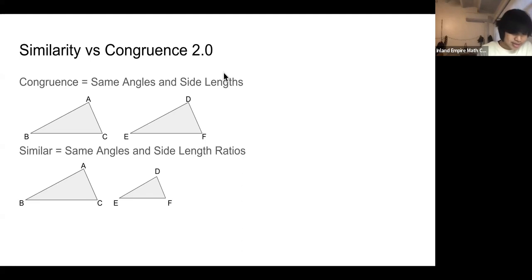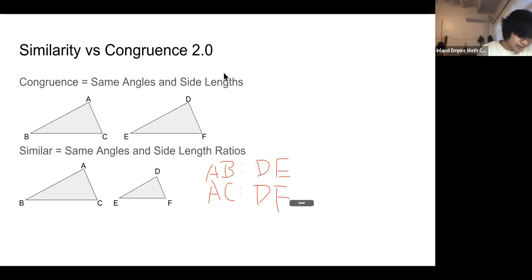But essentially what this means is that, for instance, here, the ratio of AB's length to DE's length is going to be the same as the ratio between AC and DF.